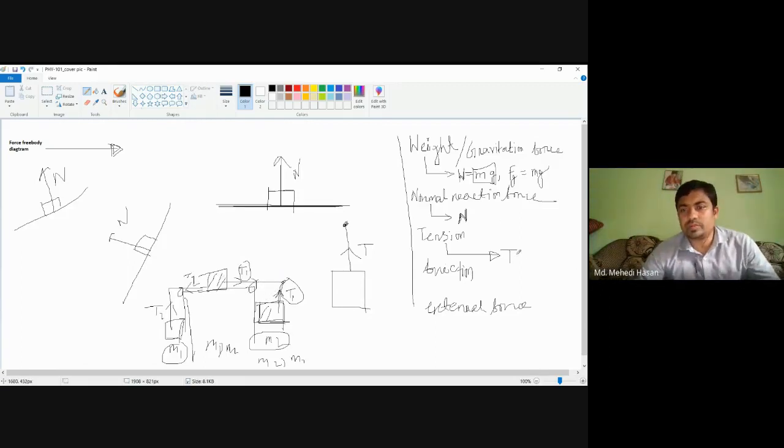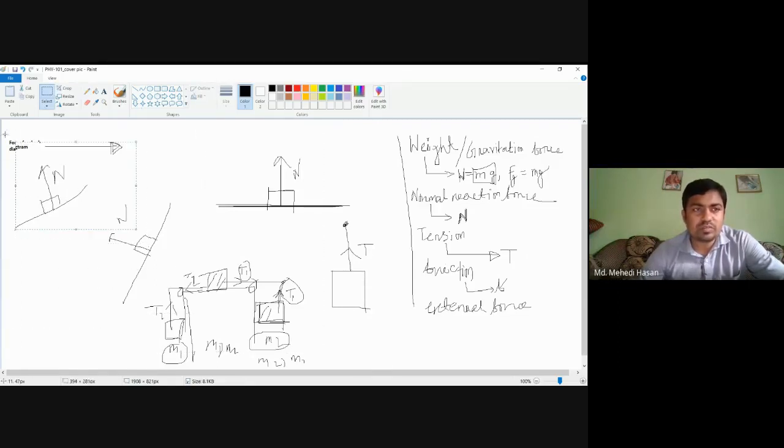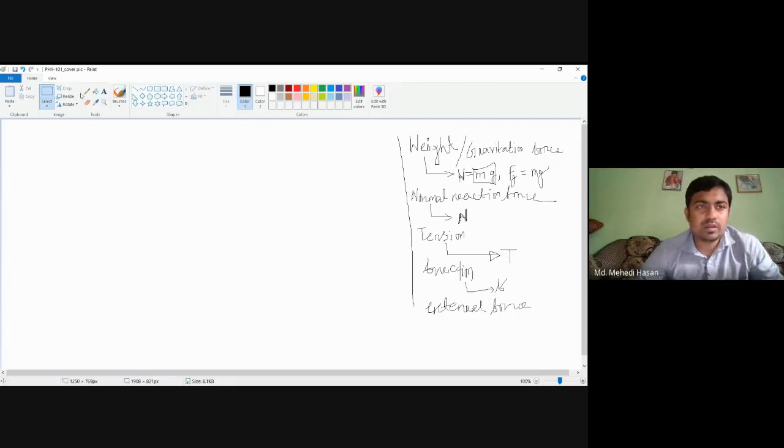So this is tension. Now friction is denoted by small f, and friction will be present if the object tries to move across a surface. In that case friction is involved if the surface is frictional.